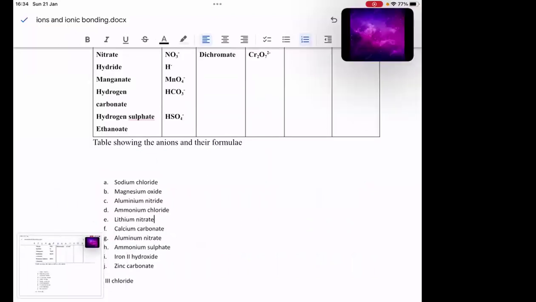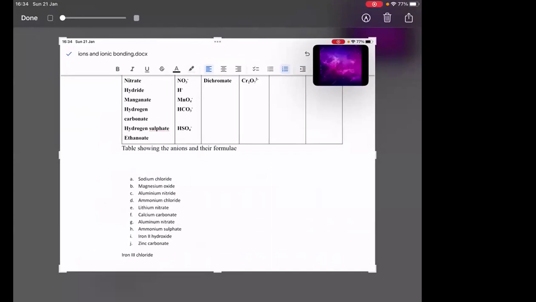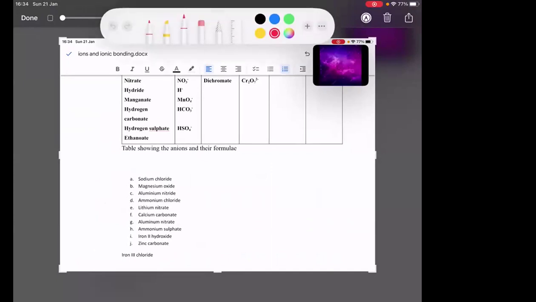So sodium chloride. What's the formula for sodium chloride? NaCl. Good. Then we have magnesium oxide. MgO. All right. Aluminum nitride. AlN.